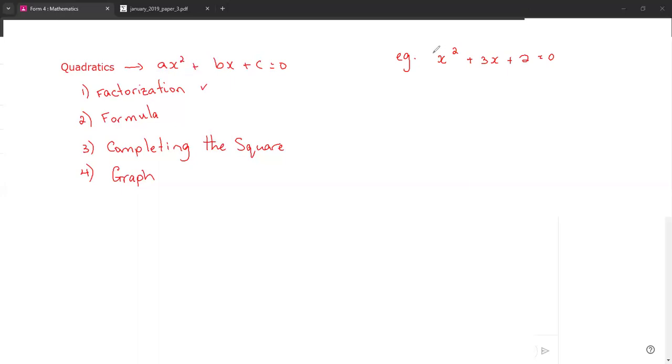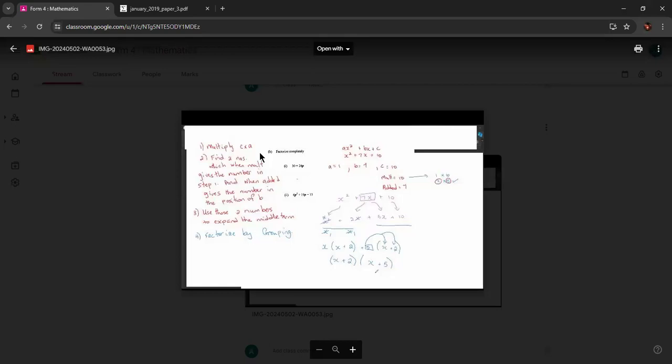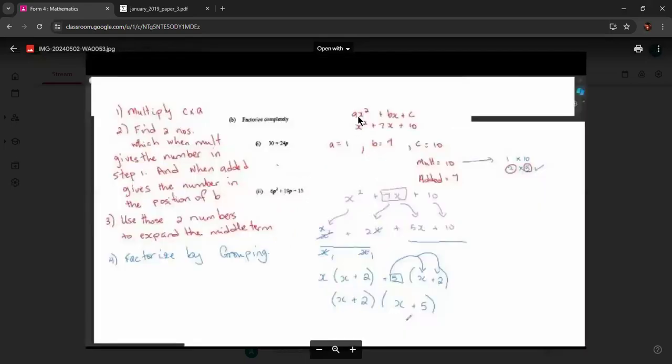But we're going to factorize like normal. So let's factorize it first. Remember the steps when factorizing. You label your equation as the ax squared plus bx plus c.